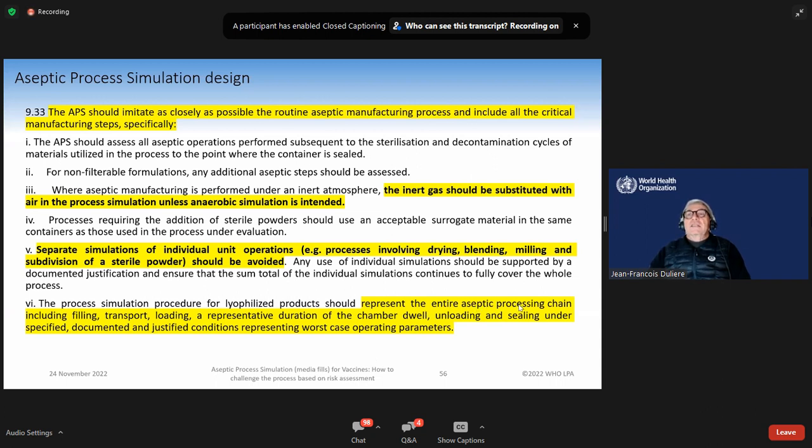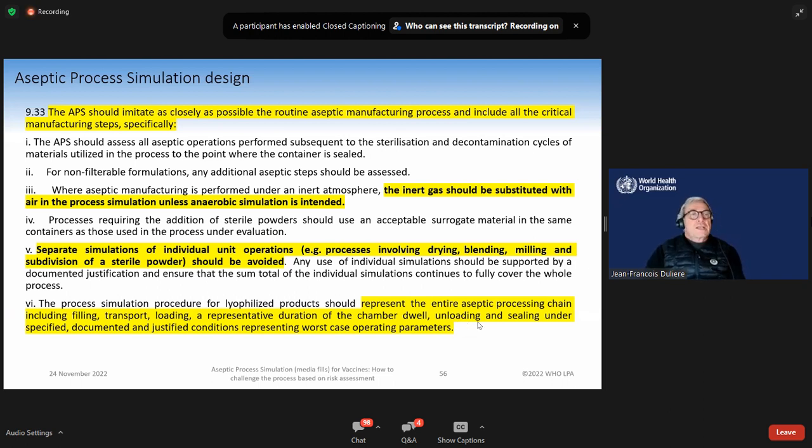The process should represent the entire aseptic processing chain, including filling, transport, loading, representative duration of the chamber dwell, unloading and sealing under specified, documented and justified condition representing the worst case operation parameters.